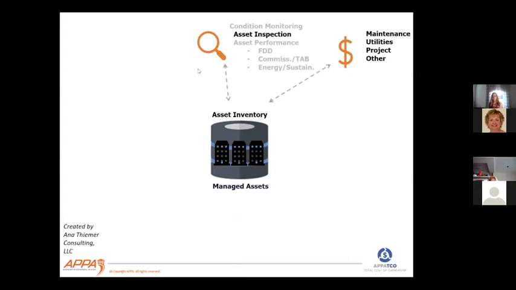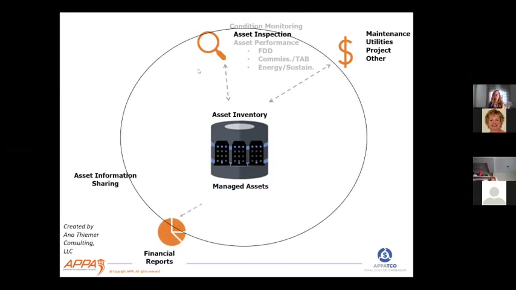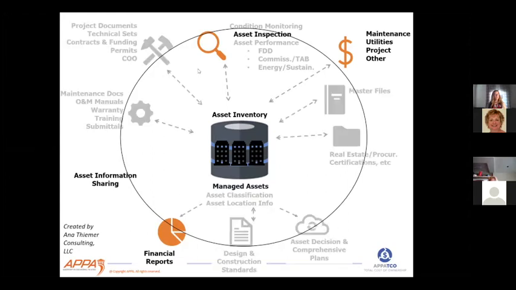Obviously, if you have an existing asset and you were able to add in more of the condition of that system, how is it performing, all of those things, right on. That gets us to our complex or our existing assets. But in this case, we just need those four pieces of information. Same concept, we'll get asset sharing and get to our financial reports. And obviously, if we had everything else, it would be great.